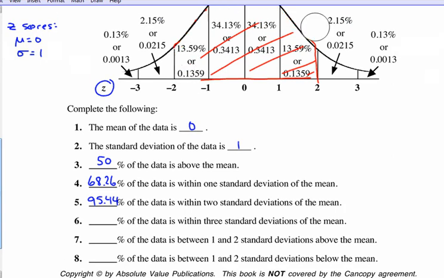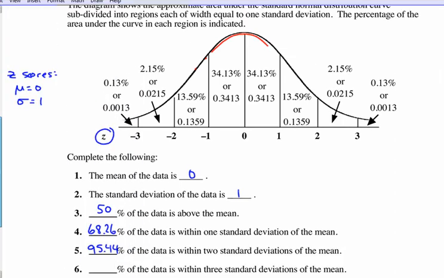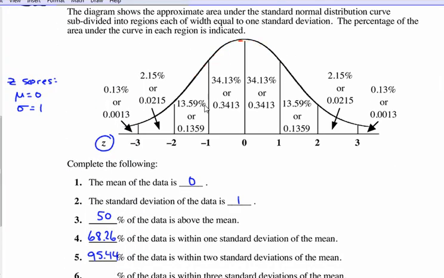Okay, now within three standard deviations, we're looking at between -3 and +3. What percent of our data is within three standard deviations?